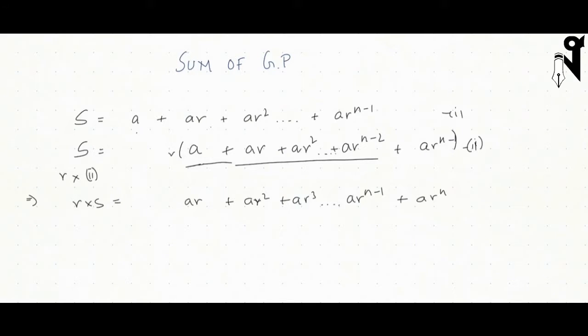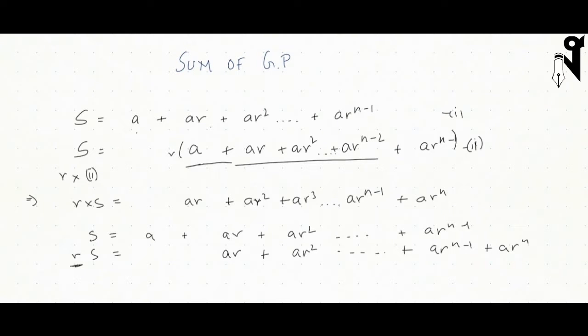So now let me write down S over here, which is a plus ar plus ar square up to ar power n minus 1, and rS over here, starting from the second spot: ar, ar square, up to ar power n minus 1, and over here I have ar power n, because remember this is rS.